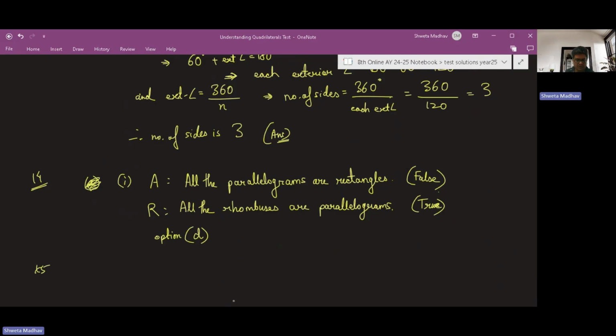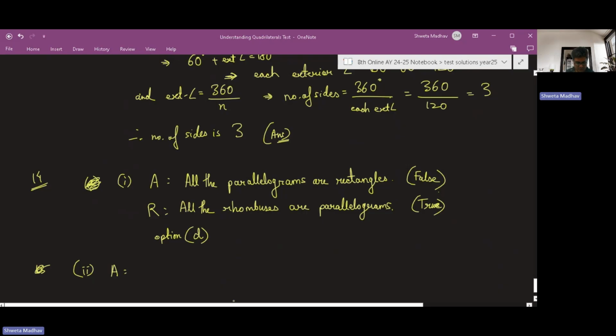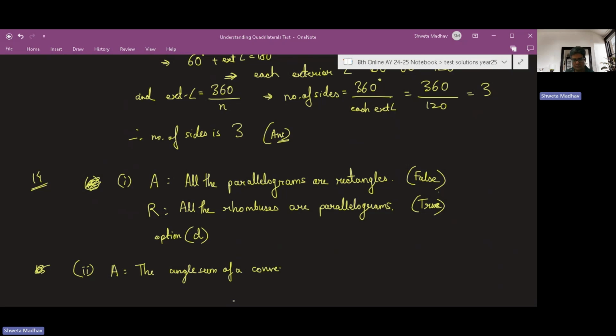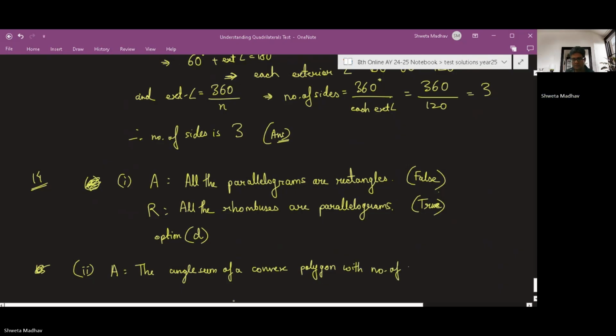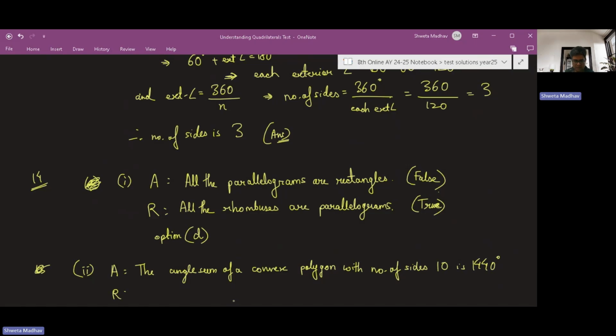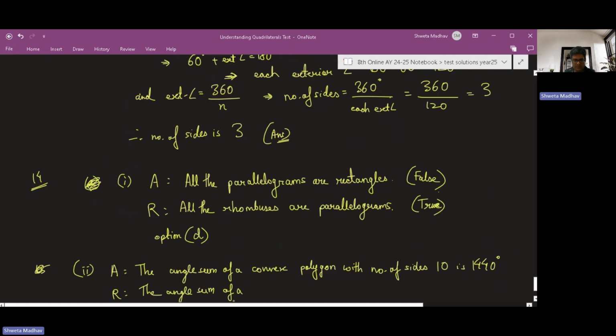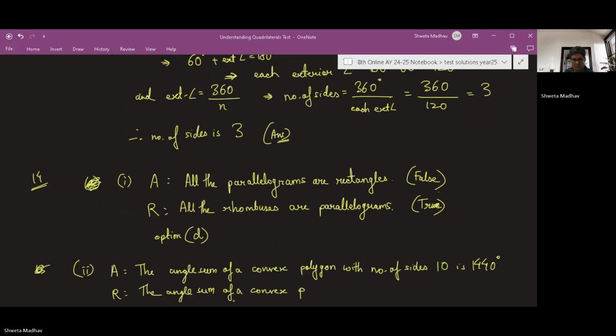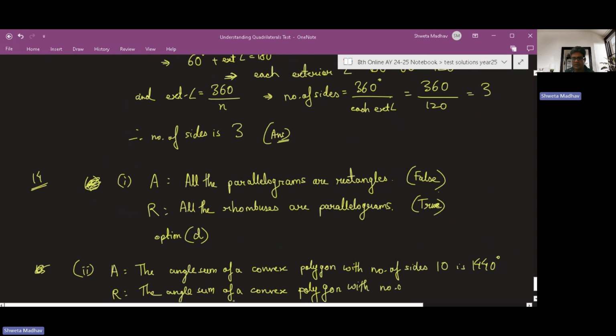And in subpart 2, the assertion is given as: the angle sum of a convex polygon with number of sides 10 is 1440 degrees, and the reason is the angle sum of a convex polygon with number of sides n is given as n minus 2 into 180 degrees.